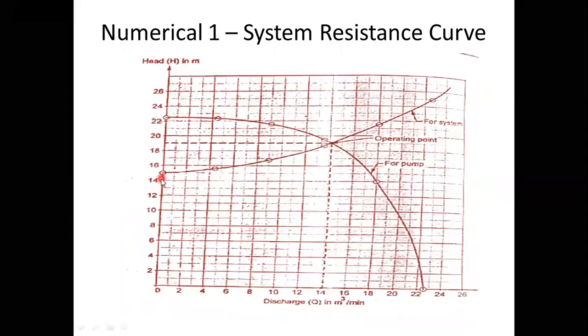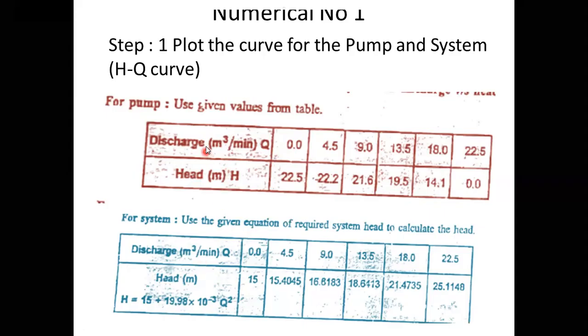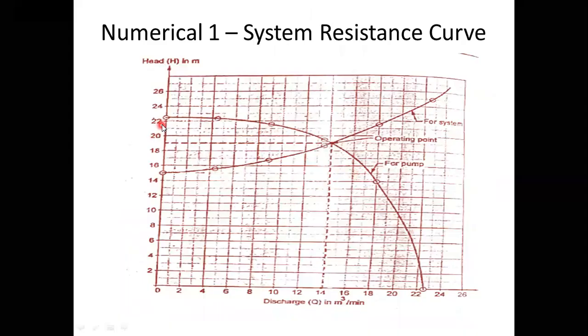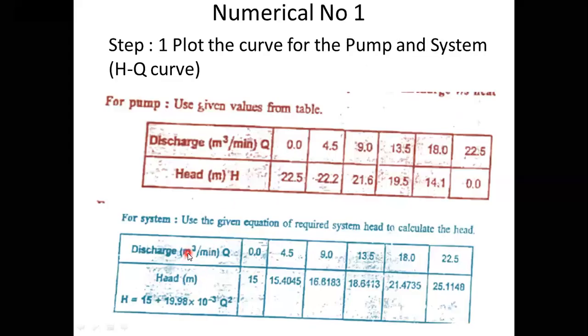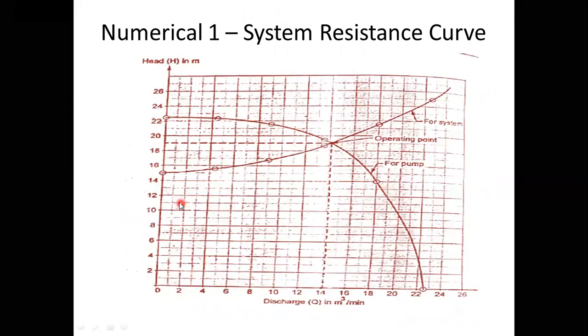On the graph, we have taken head on the y-axis using a suitable scale, and discharge on the x-axis, again using a suitable scale. Using these values of discharge versus head, first of all you plot the curve for the pump. You will get this kind of curve here. For different values of H and Q, we get the curve for the pump. Again, from the second table, head versus discharge, we get this curve for the system by plotting the actual points.